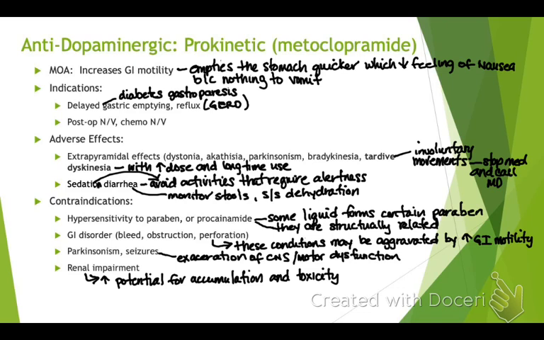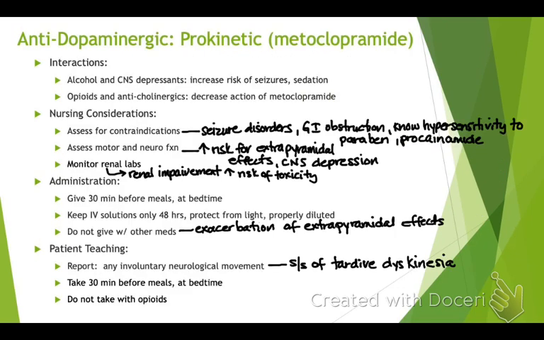Parkinsonians and seizures, they could have an exacerbation of these CNS and motor dysfunctions, so you don't want to give it to patients with these conditions. And you don't want to give it to patients that have renal impairment because of the potential for increased accumulation and toxicity.